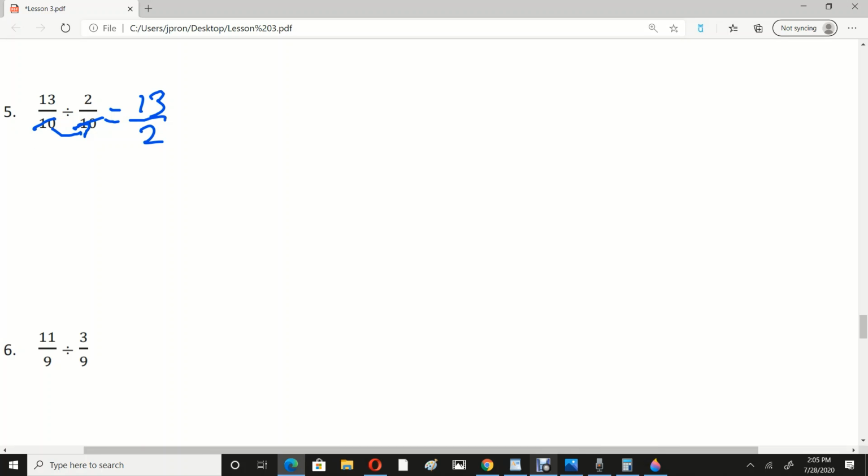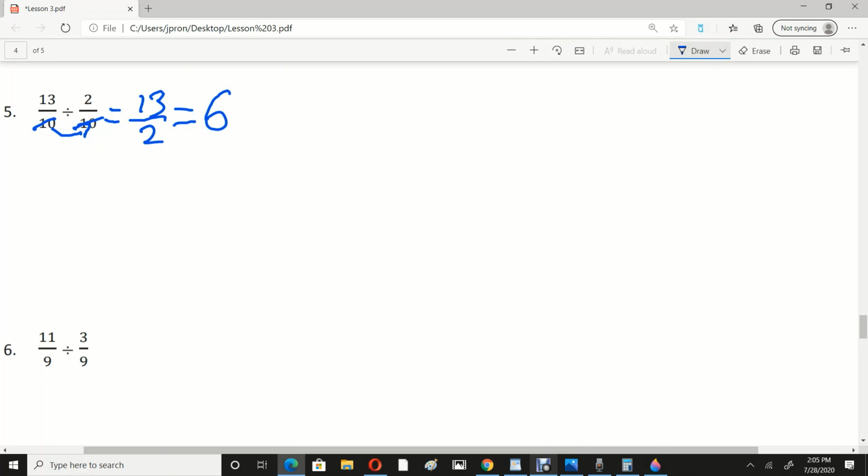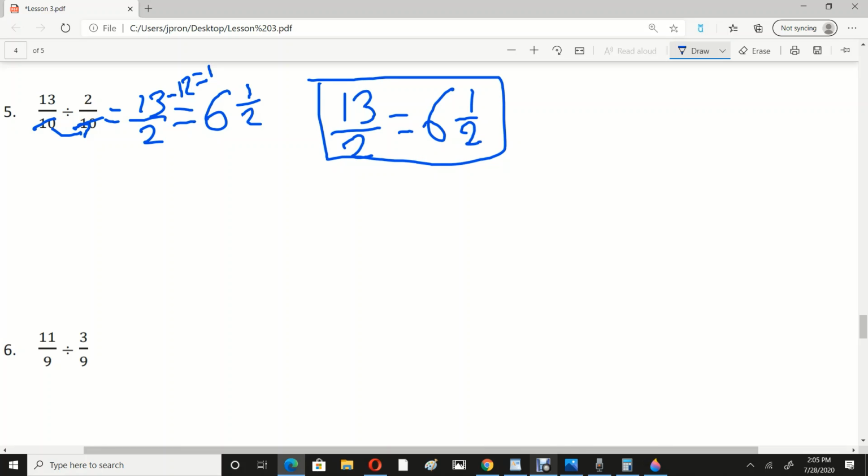I'm not going to ask you to do more, but if you wanted to, 2 goes into 13 6 whole times. 6 times 2 is 12, which means you have a remainder of 1/2, 6 and 1/2. So 13 halves or 6 and 1/2. Either one of those answers is correct.